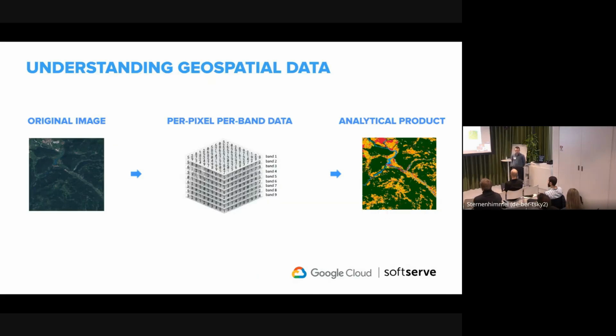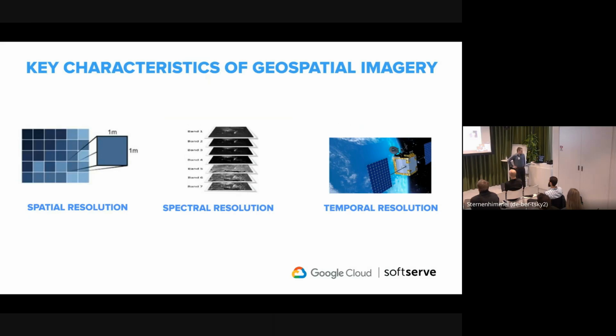But it's not only about visual data, right? Because when satellites capture images, they can capture different bands. So we are talking about multiple channels for each pixel. And with this data, one can combine different bands and produce analytical products for producing insights.